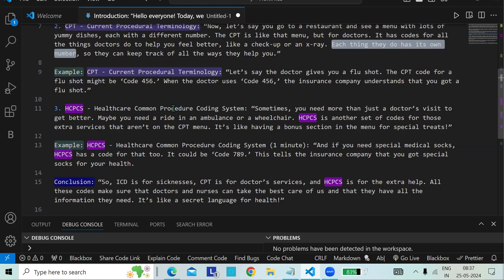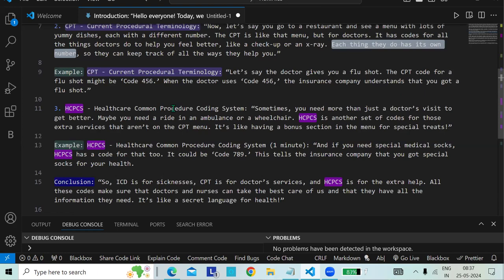All these things will be considered as a service, right? So the nurse will do all these things in the ambulance or the wheelchair. These services will also be paid by the insurance. So those services we will include in the claim form by using HCPCS codes.